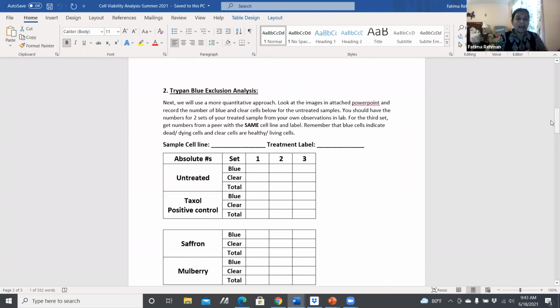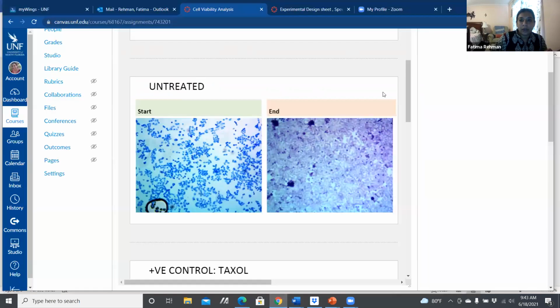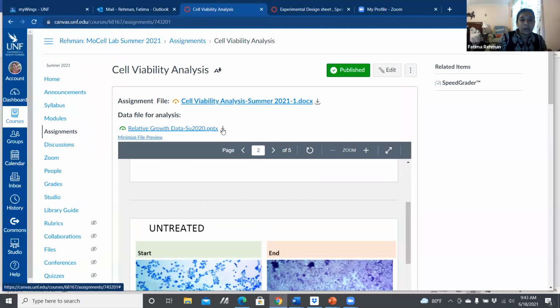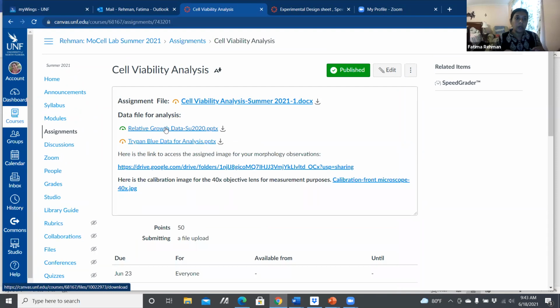Then we get to the second part of your work, which is your trypan blue exclusion analysis. Again, you are provided with some raw images to analyze. Now, in this case, we are not doing a hemocytometer, but rather just a simple image, because it's basically a square worth of image that comes in your picture.